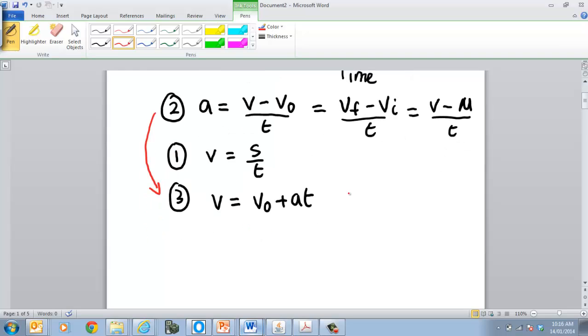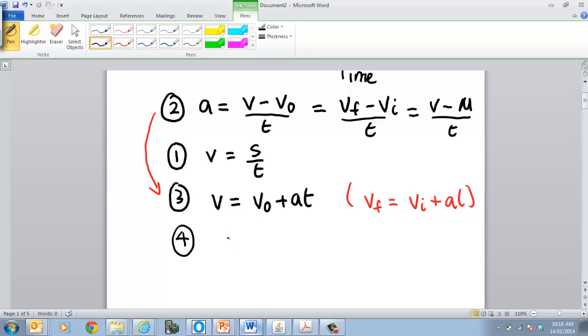You also might see that one written as v final equals v initial plus a times t. But I think we should be consistent with the formula sheet because that's what's on there.